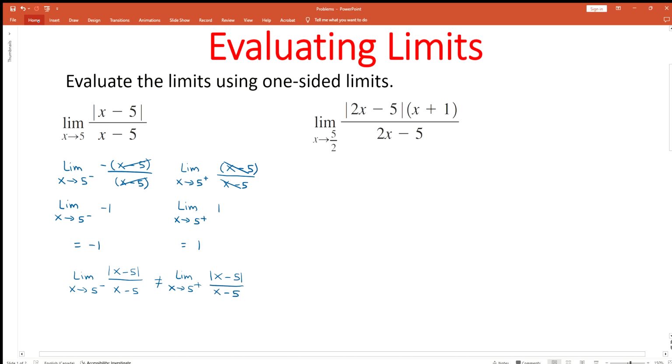Therefore, we can conclude that the limit does not exist or DNE. This should be the final answer for the first limit.